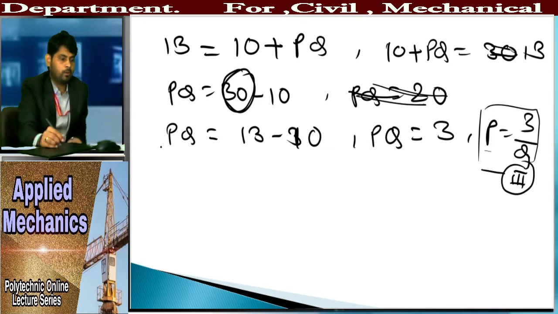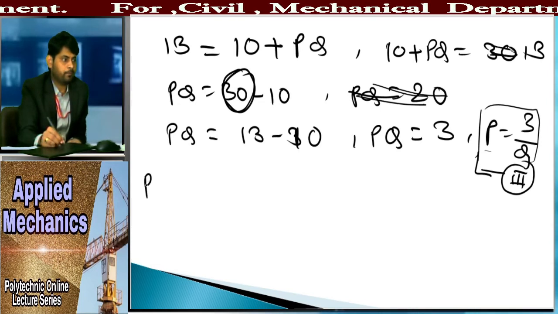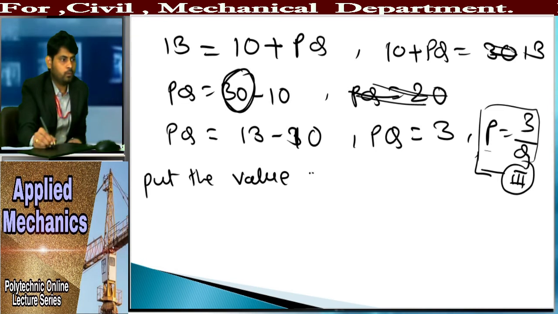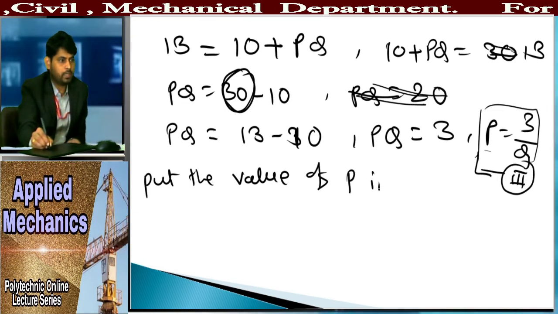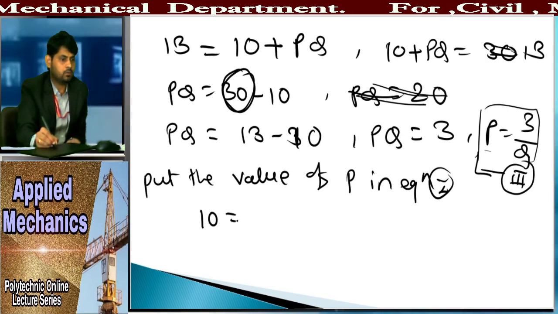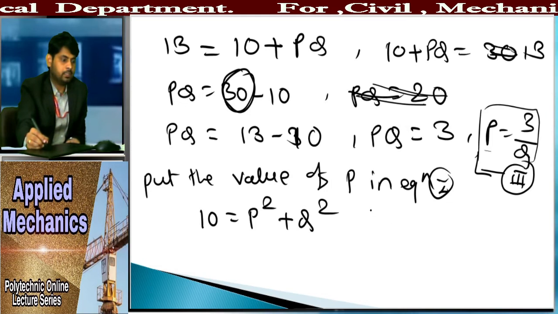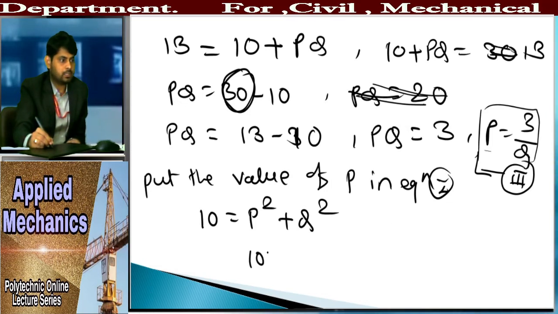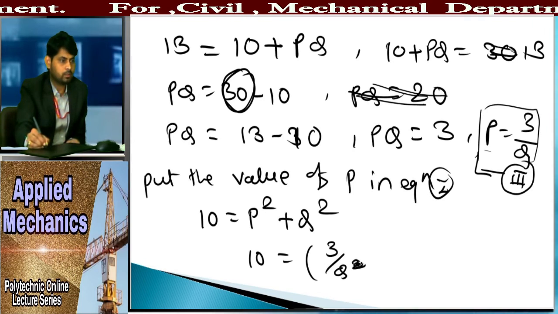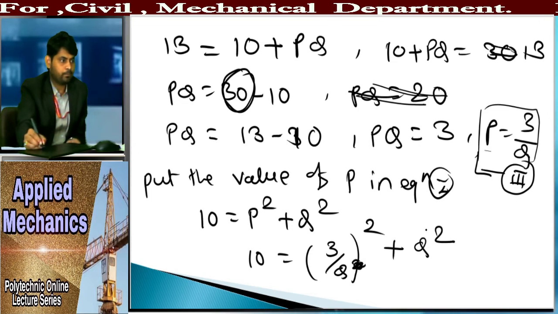Now put this value of p in equation 1. So what is equation 1? That is 10 is equal to p square plus q square, right? So the value of p is nothing but 10 is equal to (3 upon q) whole square plus q square, right?